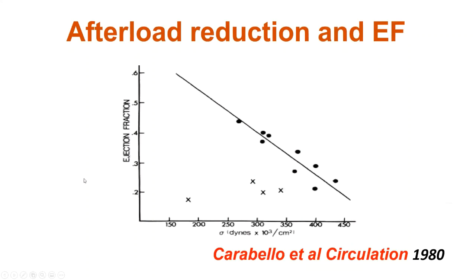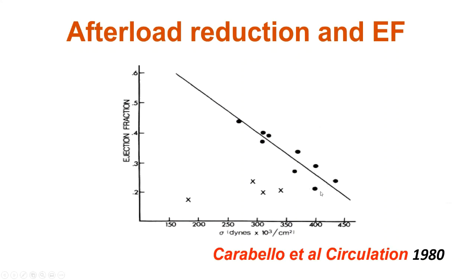If you compute the ejection fraction and the systolic load, and just for sake of argument, assume that this systolic load here given by the sigma is the direct product of pressure and the size of the heart and inversely proportional to wall thickness, you see that the relationship between ejection fraction and load is inverse. This is from a study of patients with aortic stenosis.